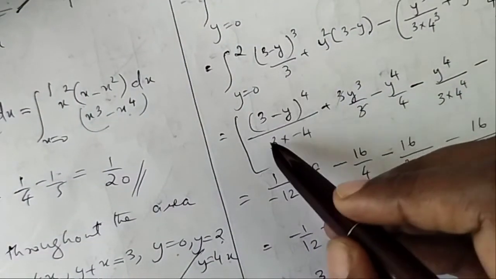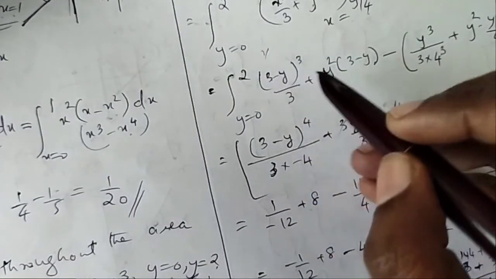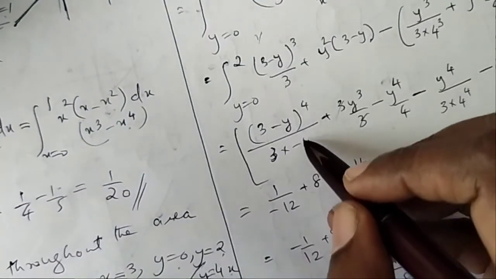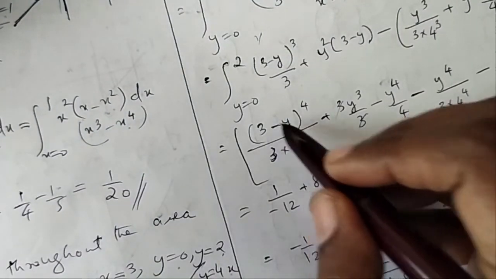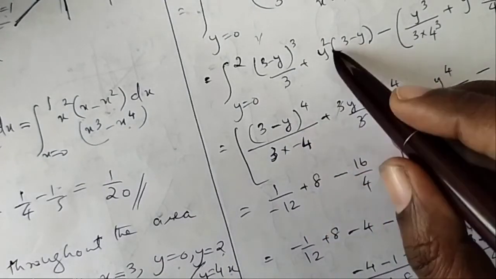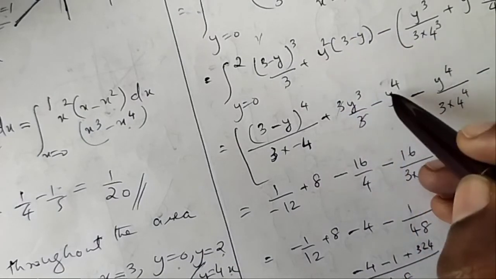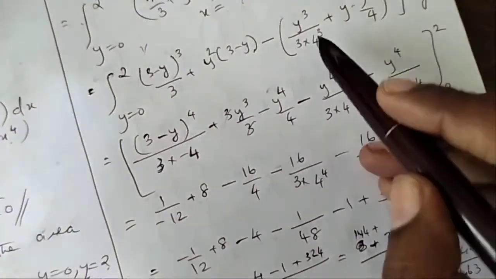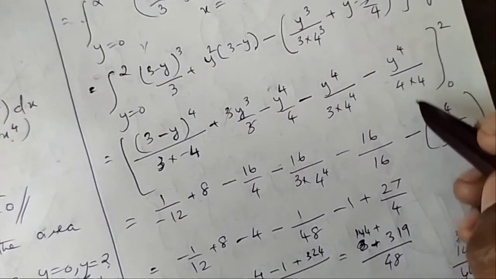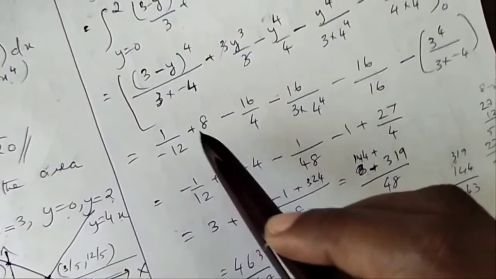It is 1 by 3 into, again you can assume this as some x or y, its integral is 3 minus y the whole raised to 4 by 4, but divide by this negative also. Then this one is 3y square, so 3y cube by 3 minus y cube, y raised to 4 by 4. Then y cube by 4 is y raised to 4 by 4, again y cube, y raised to 4 by 4. Okay, substituting the limits from 0 to 2.